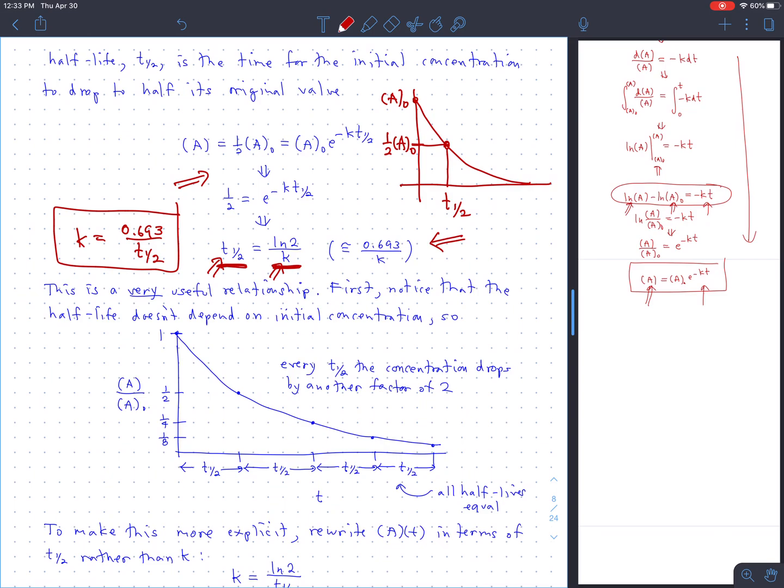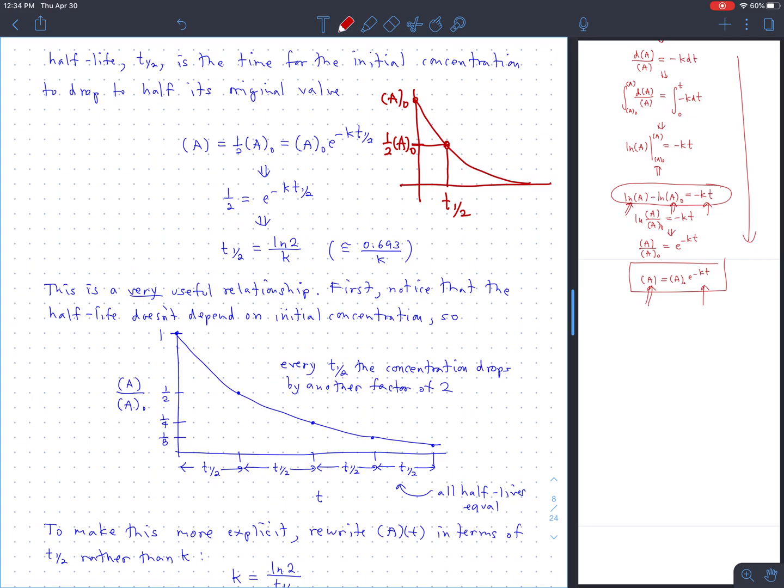So if I take 0.693 and divide it by the half-life, then I get the rate constant. So you can get the rate constant automatically if you can measure the half-life. And the half-life is easy to measure, right? Because all you got to do is time how long it takes to lose half your stuff, and you've got the half-life. So that's nice.